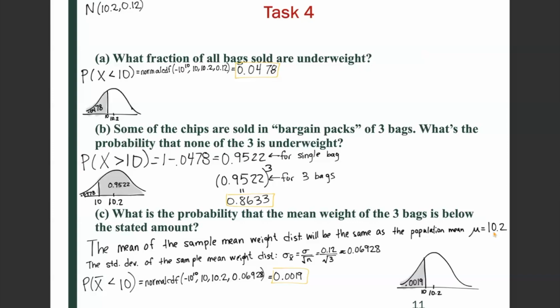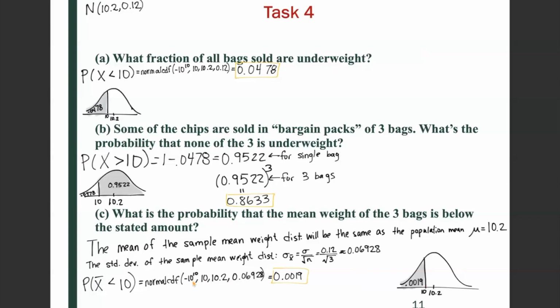So now we have that distribution where the mean is 10.2 and the standard deviation is 0.06928. And so now we want to find the probability that the mean weight of these 3 bags is below the stated amount. So that would be below 10. So that's going to be the probability that x is going to be less than 10. So we're going to do the normal CDF function.